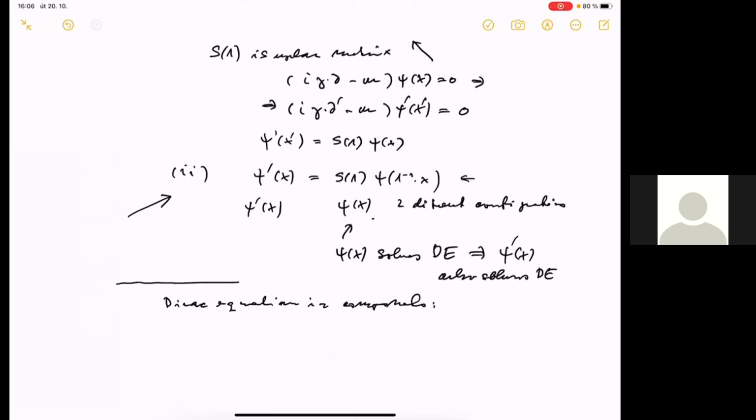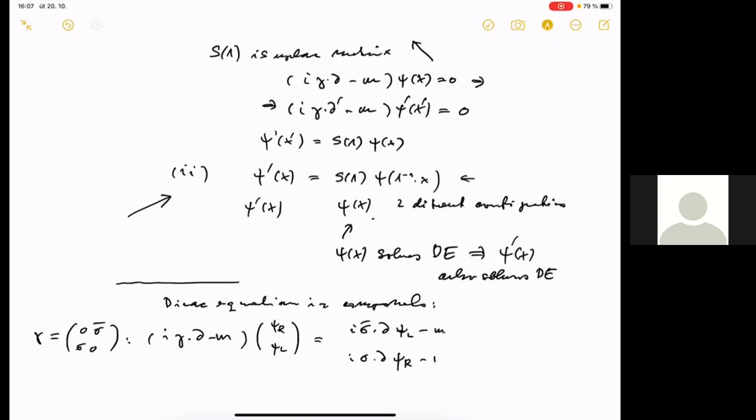So what we get is, the left-hand side is such an operator on psi, which is psi R, psi L. And using the representation of these gammas in block form, we obtain here just I sigma times d psi L minus m, and I sigma times d psi R minus m.